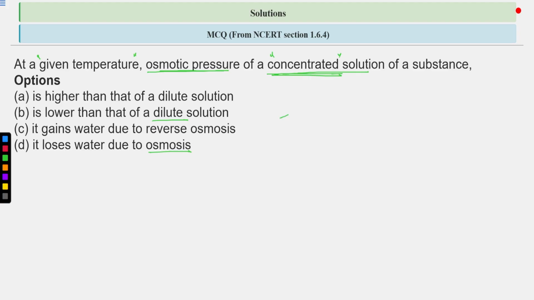So think here about the osmotic pressure, the reverse osmosis, the concentrated solution or the dilute solution. What is the relation? Why are we giving importance to the terms dilute and concentrated here? So you have some time, go through it, think about it, and then we will see what will be the correct answer.